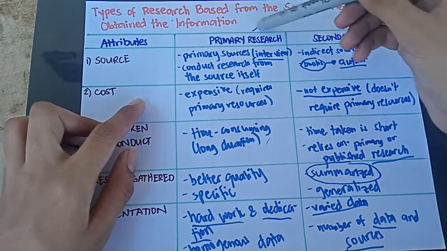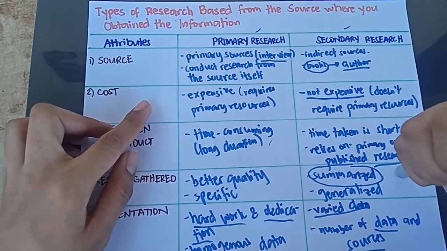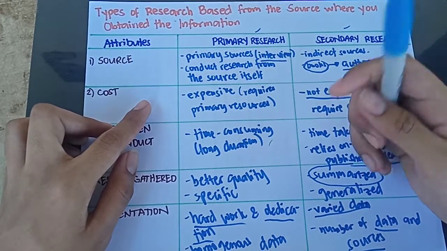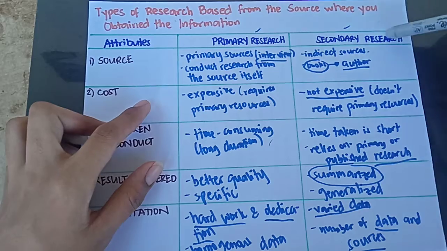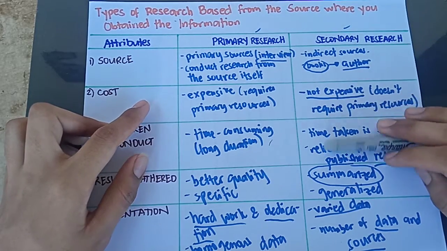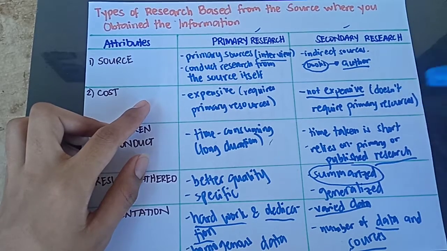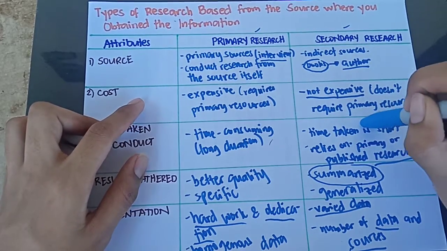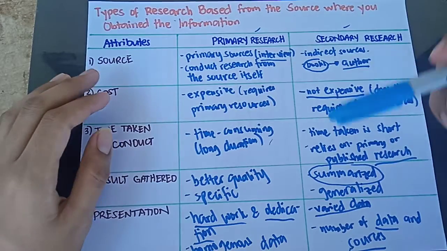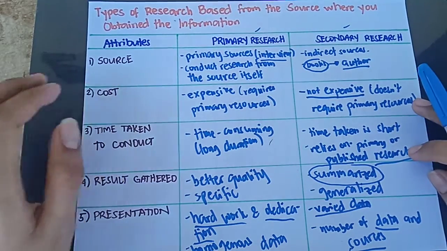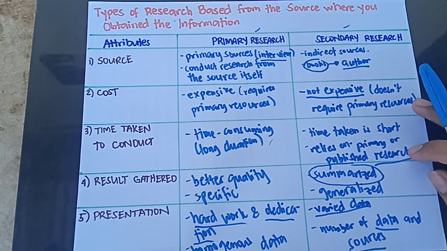Why? Because in primary research, you can conduct an interview with the professionals, while in secondary research, we conduct a review of related literature and studies. So this ends our discussion of the types of research based on the source where you obtain the information.